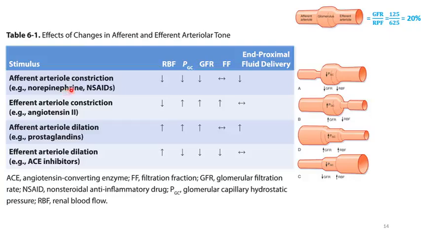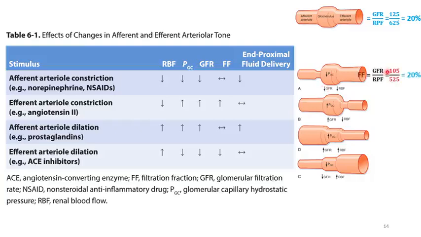So with this constriction of the afferent arteriole and increase in its resistance, it's predictable that renal blood flow will decrease. Hydrostatic pressure at the level of the glomerular capillary will decrease, and GFR also will decrease.